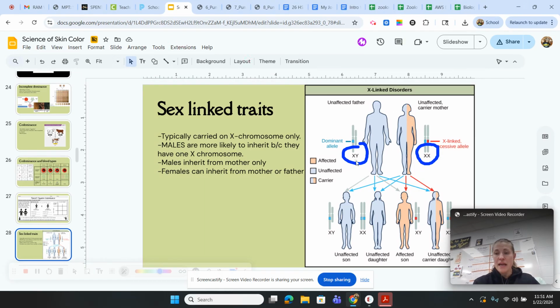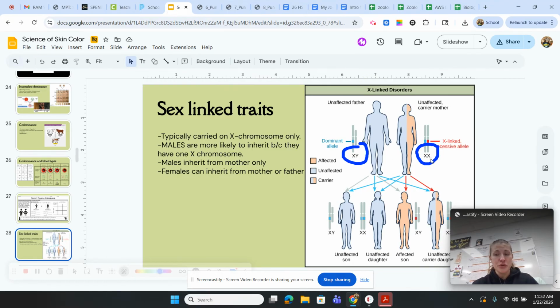Because males only get one copy of an X, and because males have to get that X from their mom, because you have no choice if you're a woman to give an X because you only have X's, males are inheriting these conditions from their mom's side of the family, and they only need one affected copy to actually have the trait, be it dominant or recessive.